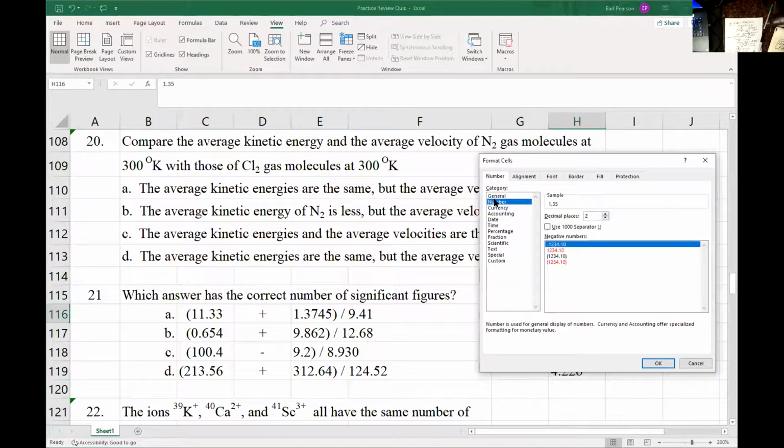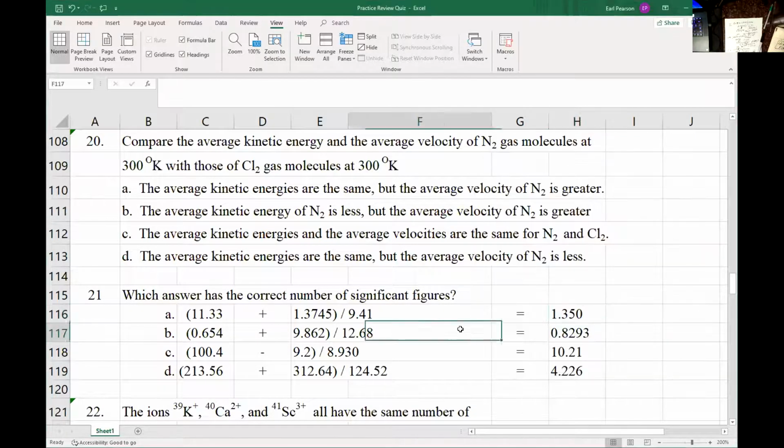I've got to make it a number with 3 decimal places, or Excel will do the same thing my calculator does. It'll truncate off that 0. Okay, so now the correct answer is really, in fact, the correct answer. And I save that. I'll fix it and update it on D2L after we get done.